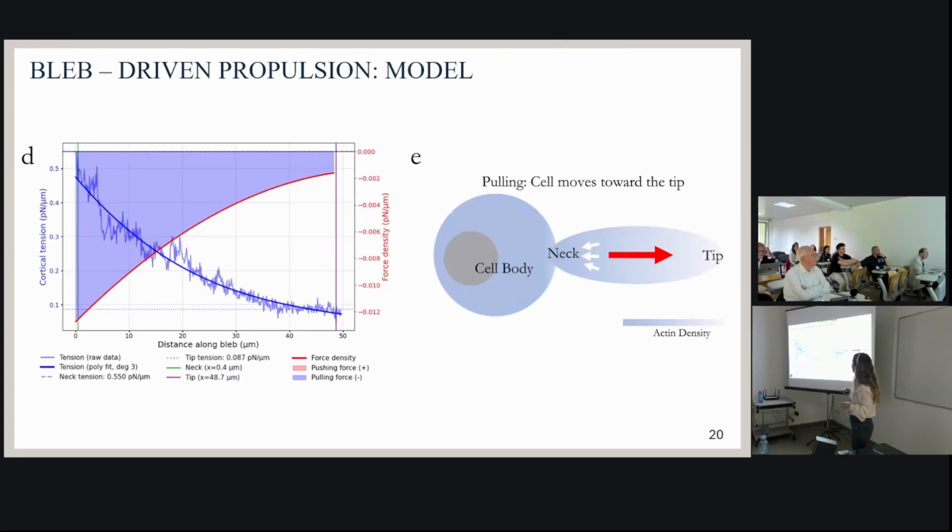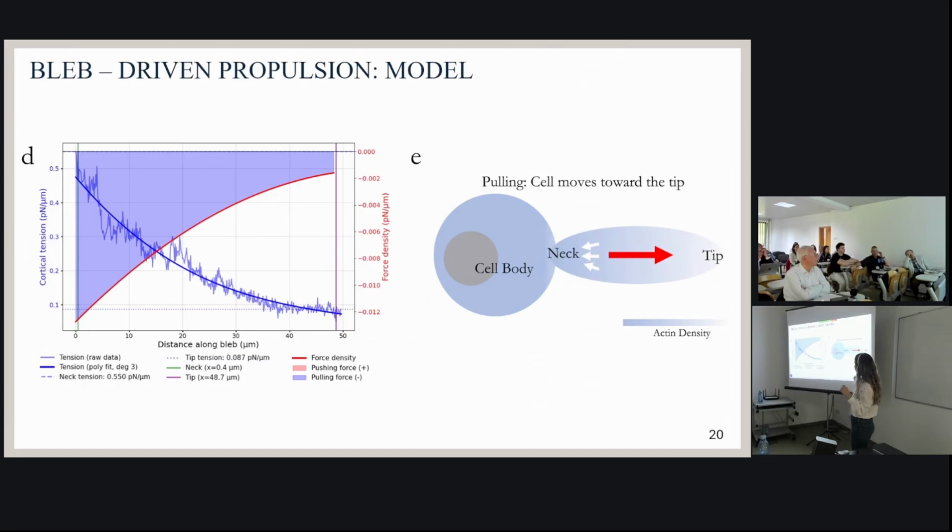Then Vai did some simulations to characterize a model for these processes. Basically, what this diagram means is that the cell is converting the internal tension into motion.